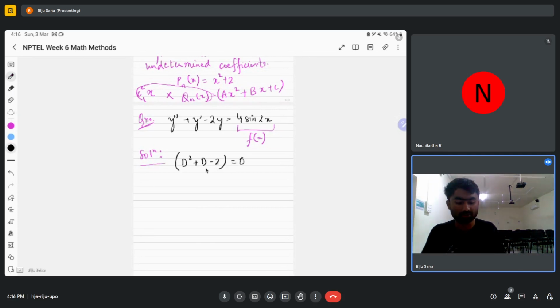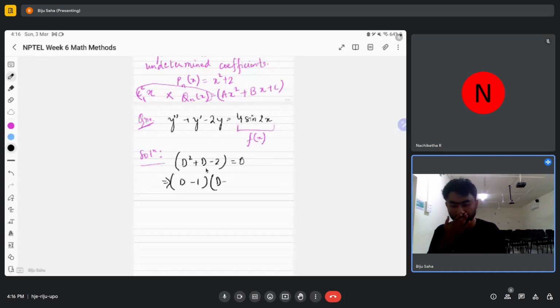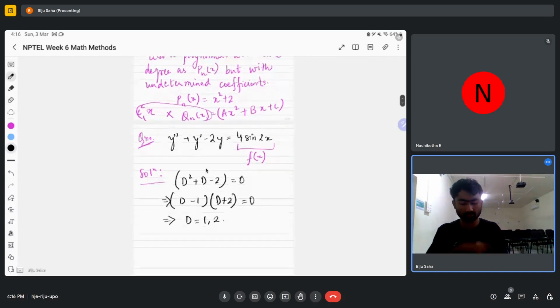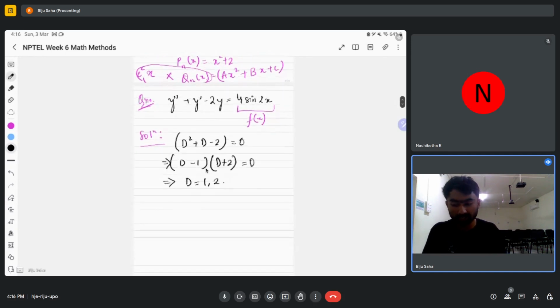So this is what my auxiliary equation looks like. Yeah, so these are the roots of my auxiliary equation. That gives my complementary solution.